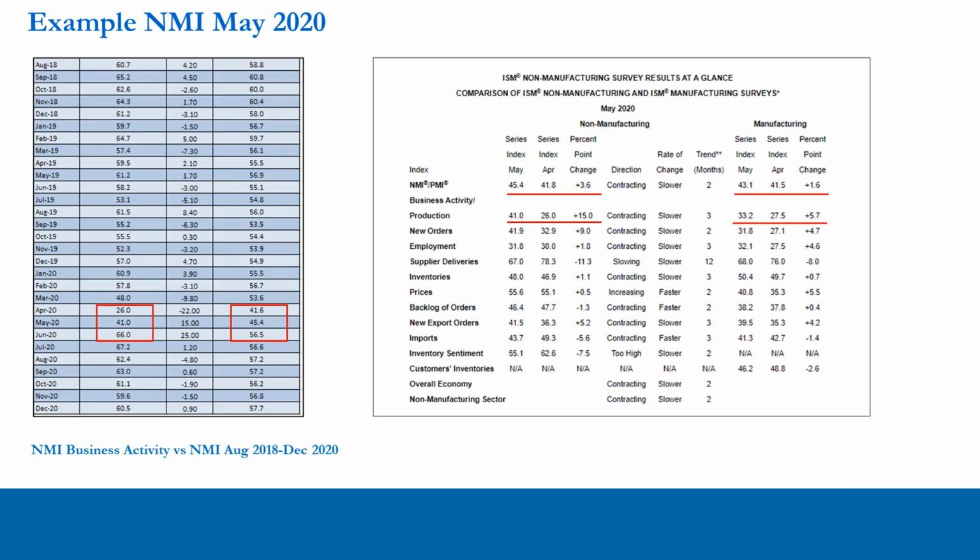If we look at our table again over that period, we can look at May 2020. So we're looking at that period again, August 18 to December 2020. And we're looking at NMI business activity on the left and the composite NMI on the right. And we're looking on the right-hand side of the screen here at a screenshot of the May 2020 non-manufacturing survey release.